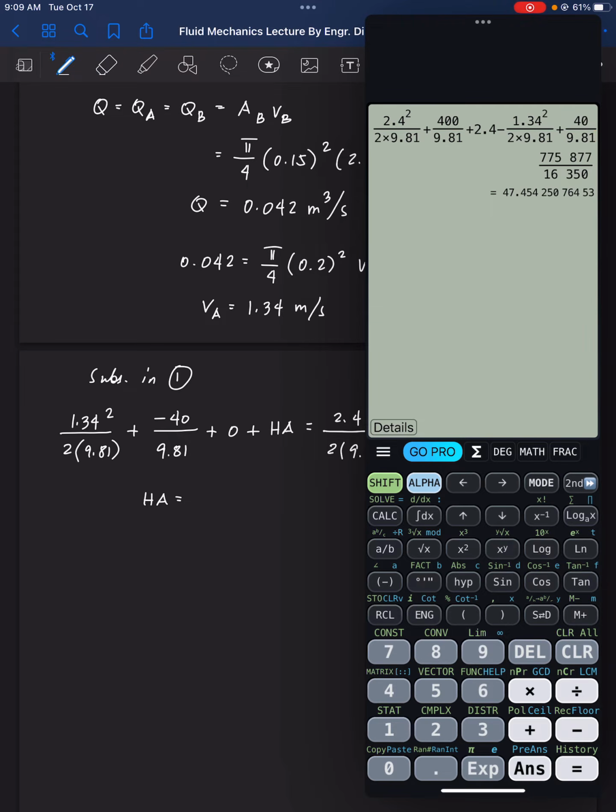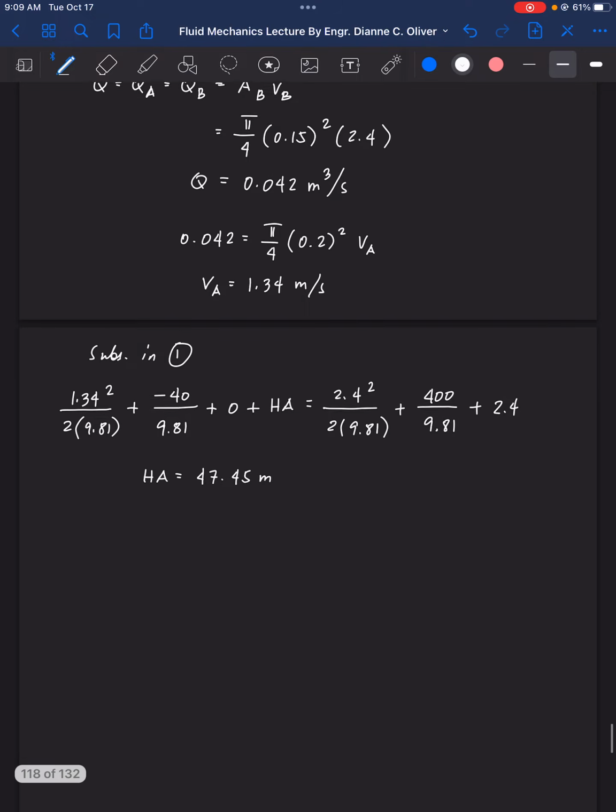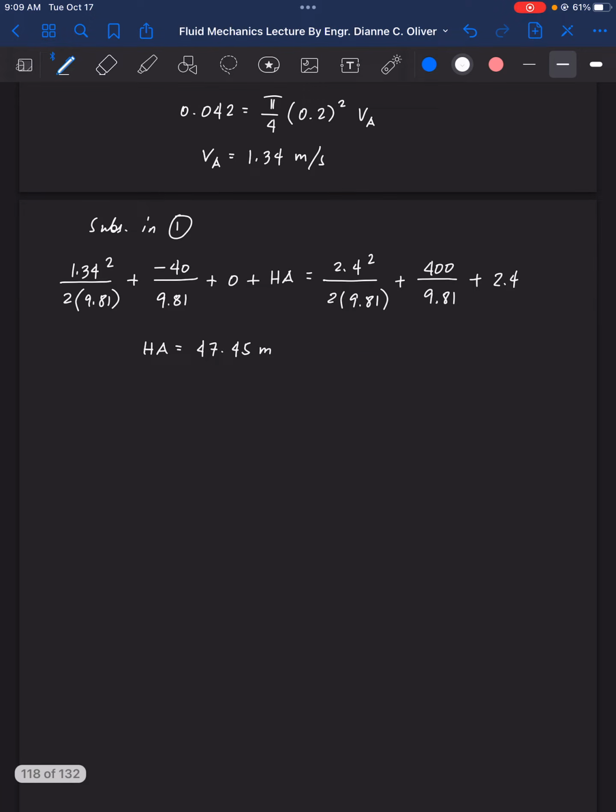So that is HA, now is 47.45 meters. And then we will use this HA for the formula power is equal to Q gamma E.